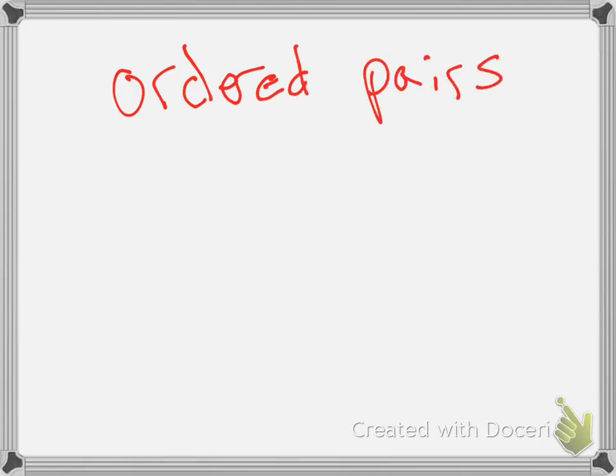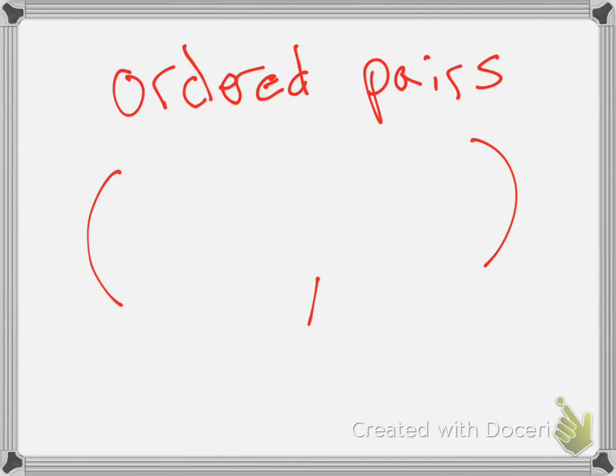Now, another way to remember, we have certain things called ordered pairs. These are how we graph things on our coordinate plane. Now, which letter comes first, X or Y, in our ordered pair?